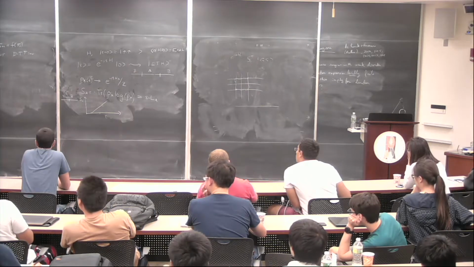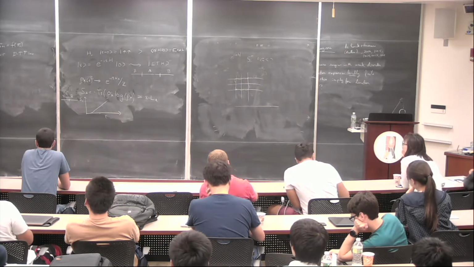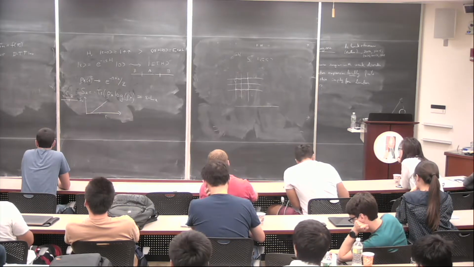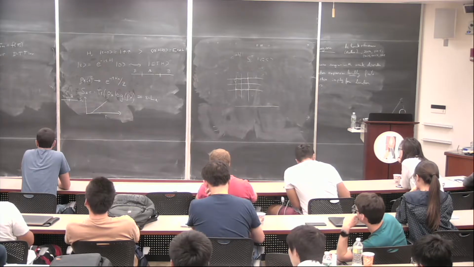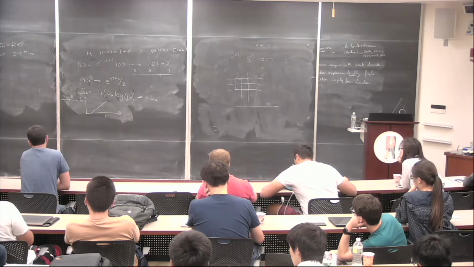How, operationally, do I mean that? Here's the way you could do it in an experiment. You prepare the system in some state, and then you start time evolving. At the beginning, it does something kind of complicated, and then it settles into some sort of steady state.